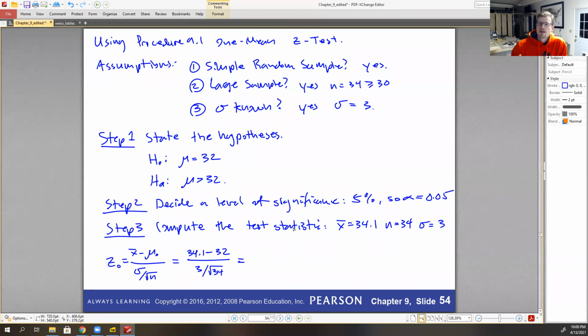We can punch that into our calculator and find that it is 4.08167. On table 2, we only have up to 2 decimal places for z values, so we might say that this is approximately 4.08, having rounded appropriately. We'll use that to find our p-value in the p-value approach. That's the first 3 of 6 steps.